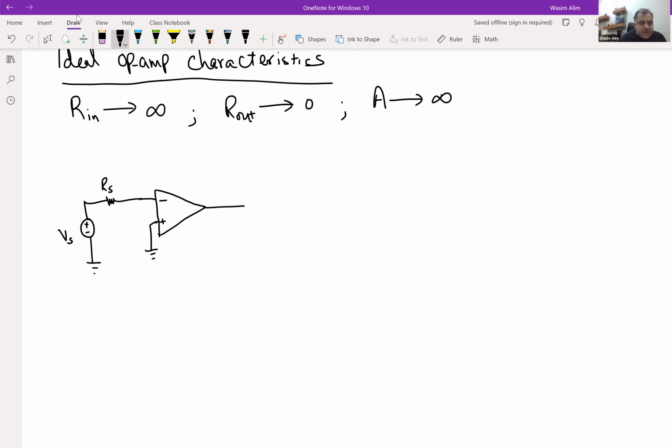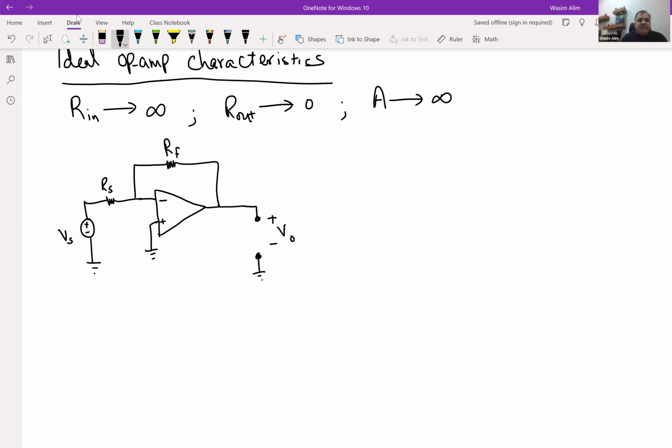And on the output side, you can connect anything here, like some kind of load, but again, we'll just represent it by the V sub O here, the output voltage. And we need to have a feedback path here, which is part of our, let's just call it R sub F, representing the feedback resistor.